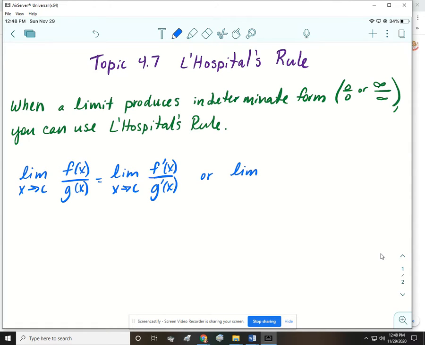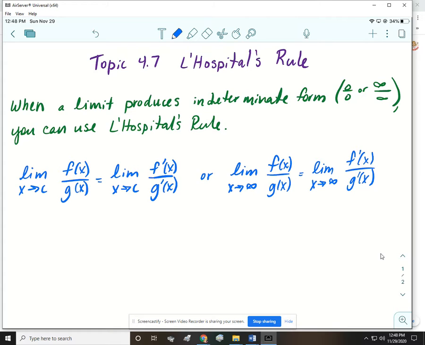And like I said, I kind of threw an infinity over there. If you have limit as x approaches infinity of f of x over g of x, and you get infinity over infinity or negative infinity over negative infinity or something like that, you can then find the limit as x approaches infinity of f prime of x over g prime of x.